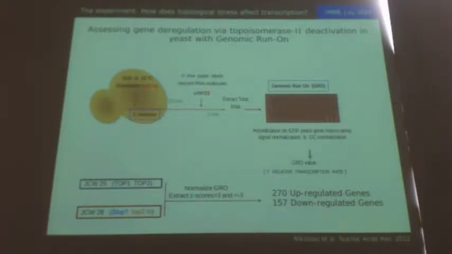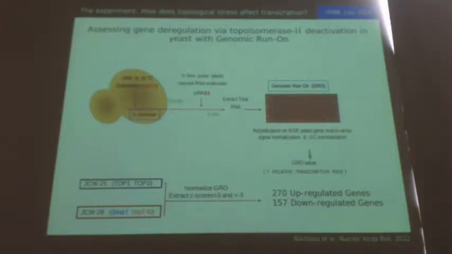So in this way, what you do is actually you see which genes are currently being transcribed or not transcribed during the lack of topoisomerase activity. So you monitor the actual transcription in a sort of a nuclear run-on experiment.